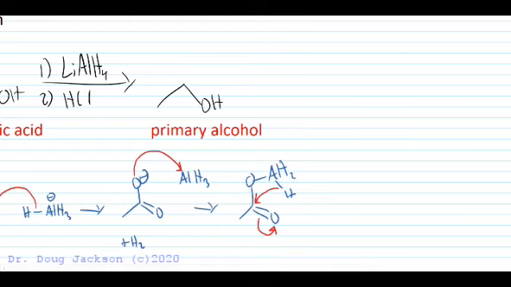It's another tetrahedral intermediate. And so now we've got aluminum with 2 hydrogens now, and it is now needing another bond, and so what ends up happening is this oxygen reforms a carbonyl, kicks off the leaving group here.